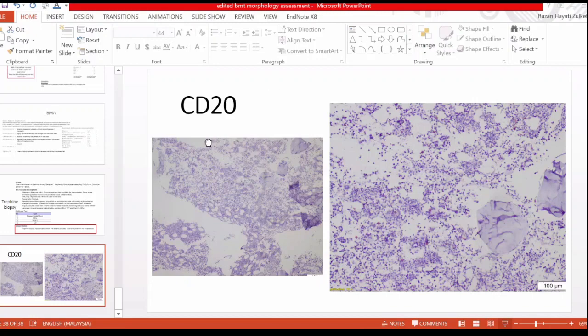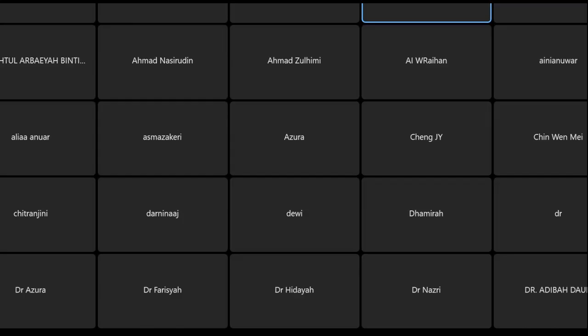Very few TDT cells, but some of them have the cluster pattern. That would be significant. But when you have a brisk TDT background and only occasionally those cells form clusters, then we don't really consider it significant.